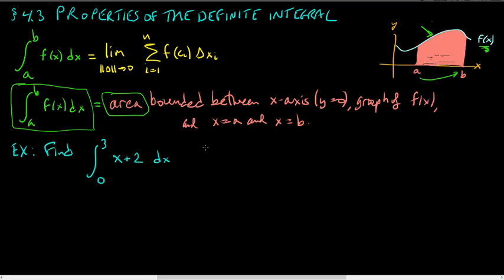So in this case, my f of x is just x plus 2. And so we want to calculate what this number is. Well, it's an area. It's an area of what? Well, let's draw it out here. So let's draw this specific graph. Okay, it might be a little sloppy, but I think you'll get the idea. 1, 2, 3.